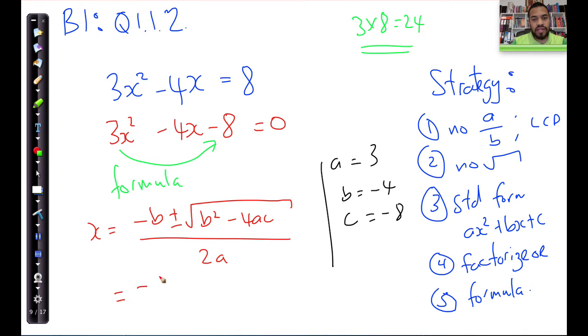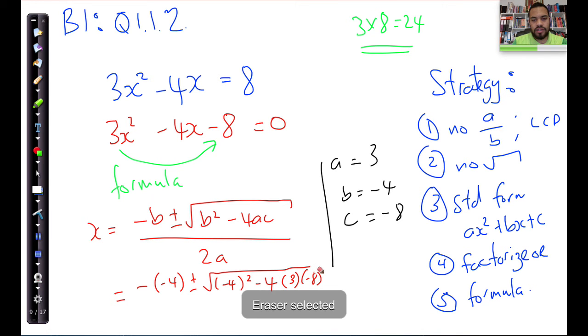So if I substitute that in, I should get something that looks like such. It's going to be minus times minus 4 plus minus the root of minus 4 squared minus 4 times 3 times negative 8, all divided by 2 multiplied by 3.